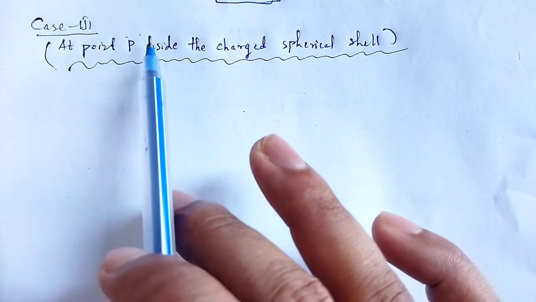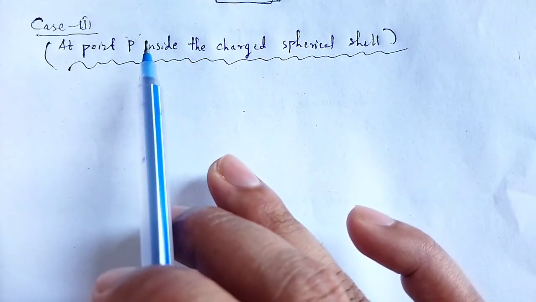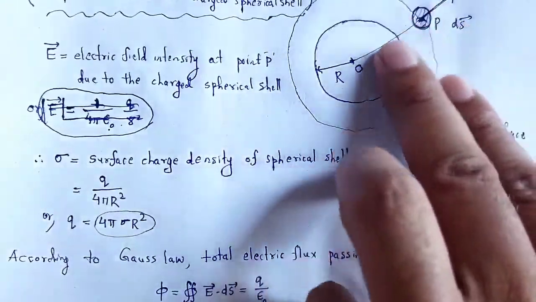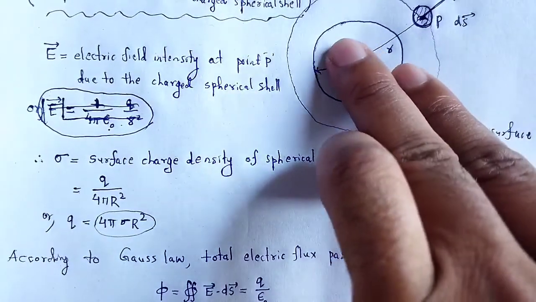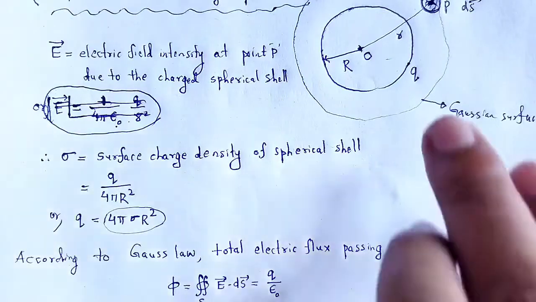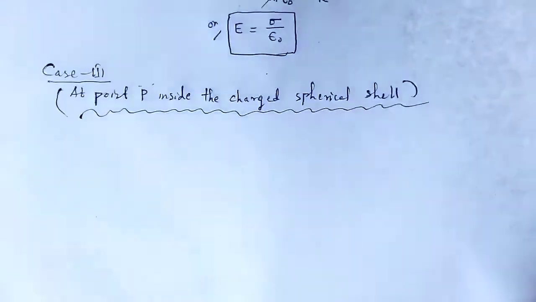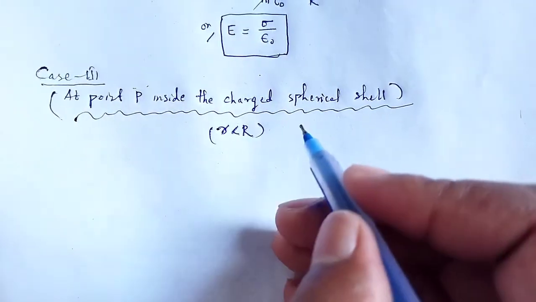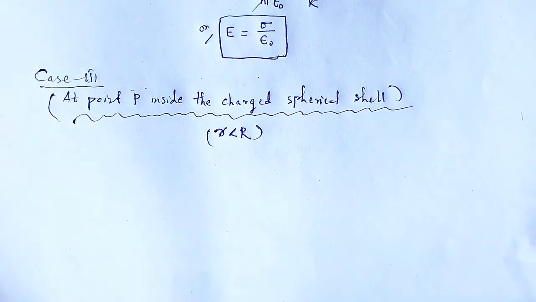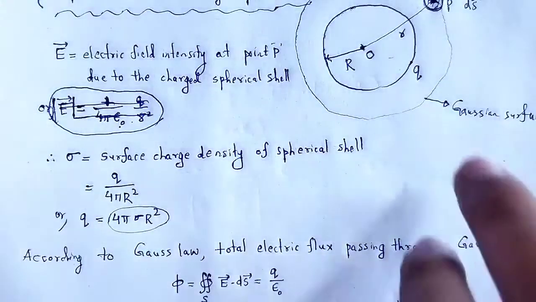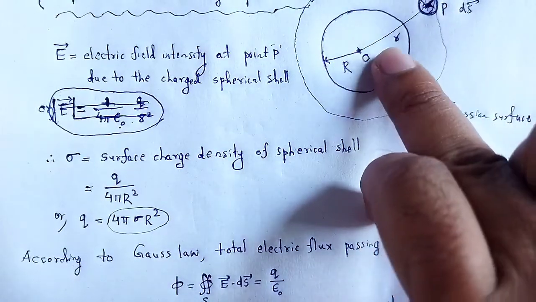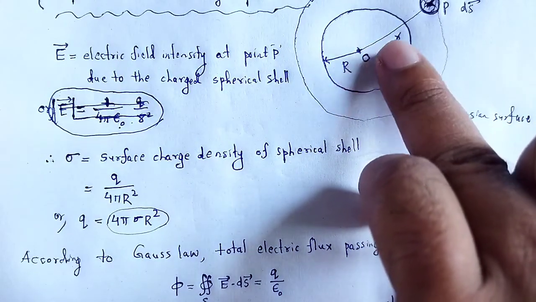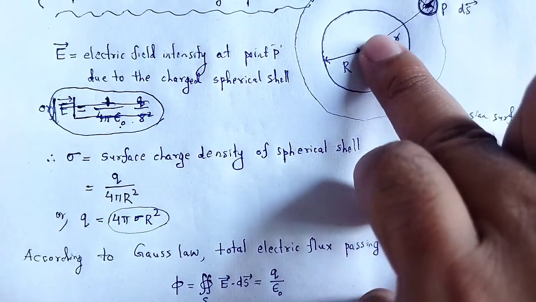Here let the point P lie inside the charged spherical shell at a distance of small r from the center. In that case small r is less than capital R, and we draw the Gaussian surface as a sphere of radius small r with center O passing through point P. Inside the spherical shell we draw the Gaussian surface having radius small r, taking O as the center.